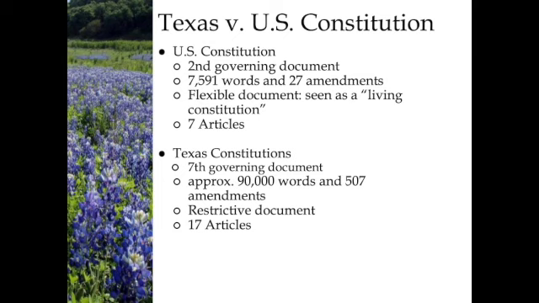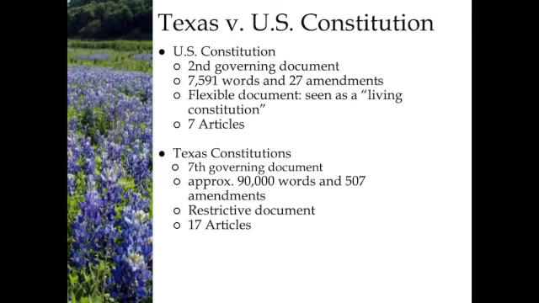People like to think the U.S. Constitution was our first attempt at a national government, when really it was our second, because the first one was the Articles of Confederation, and you could read more about that in U.S. history class, or in federal government class, 2305 federal government. And because the U.S. Constitution is so short, it's considered a flexible document. It's a living constitution. We've adapted the wordings of it to apply to more modern day situations. And it only has 7 articles.